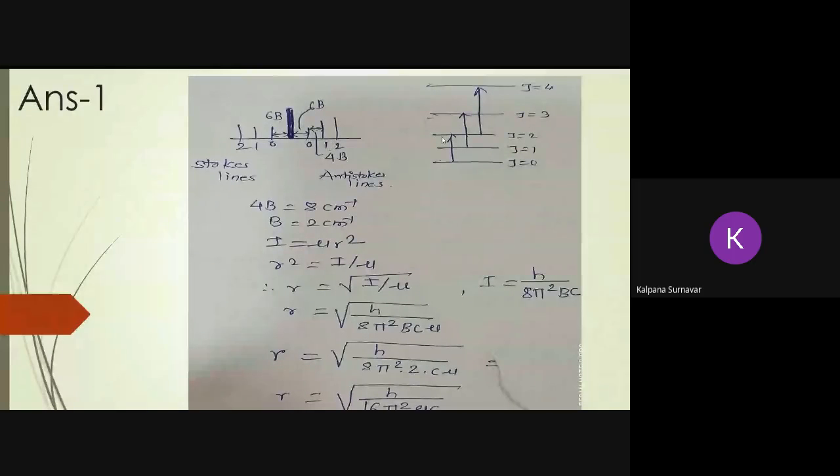See, Raman spectroscopy obeys the selection rule delta J equal to plus or minus 2. I have written this here for your information.